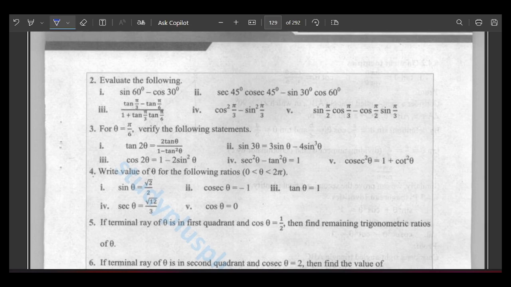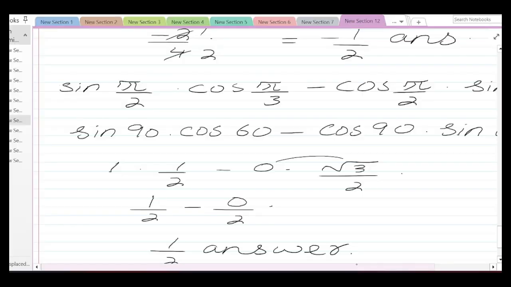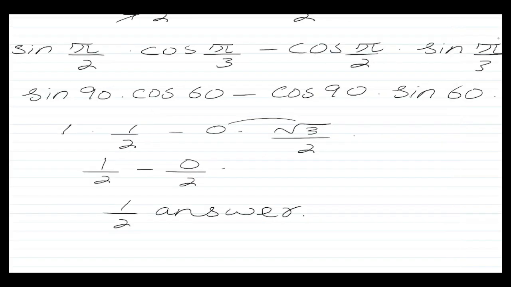Okay, so the first statement is tan 2 theta is equal to 2 tan theta divided by 1 minus tan square theta. So how can we solve this expression? Firstly, we know that the theta is equal to pi by 6. So if we simplify that, that means that the theta is equal to 30 degrees.